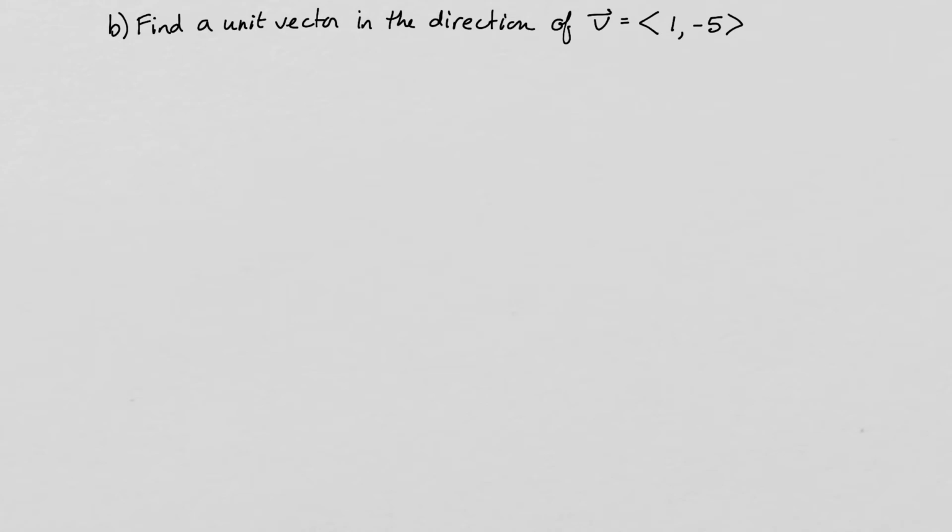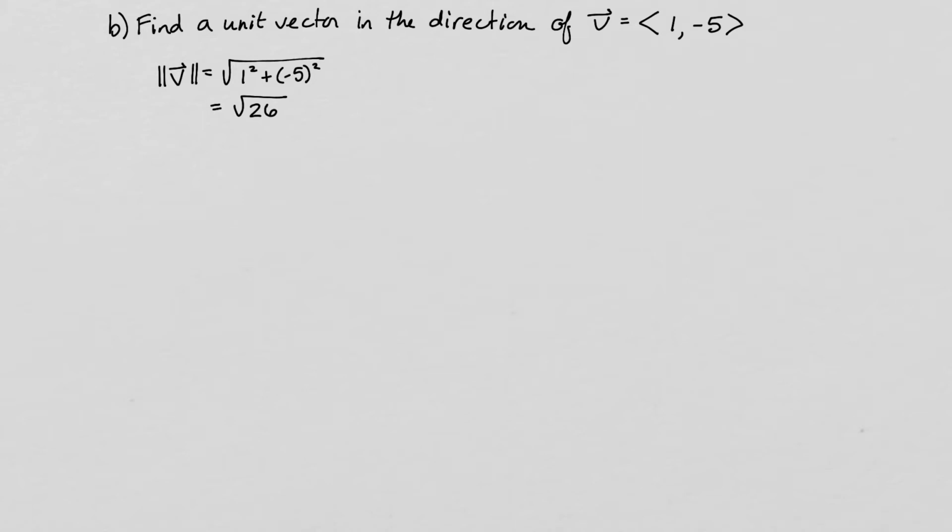So again, to find the unit vector, I have to find the length of my vector. So the length of vector v is going to be the square root of 1 squared plus negative 5 squared. So that's going to be the square root of 26, right? Because 1 squared is 1, negative 5 squared is 25.